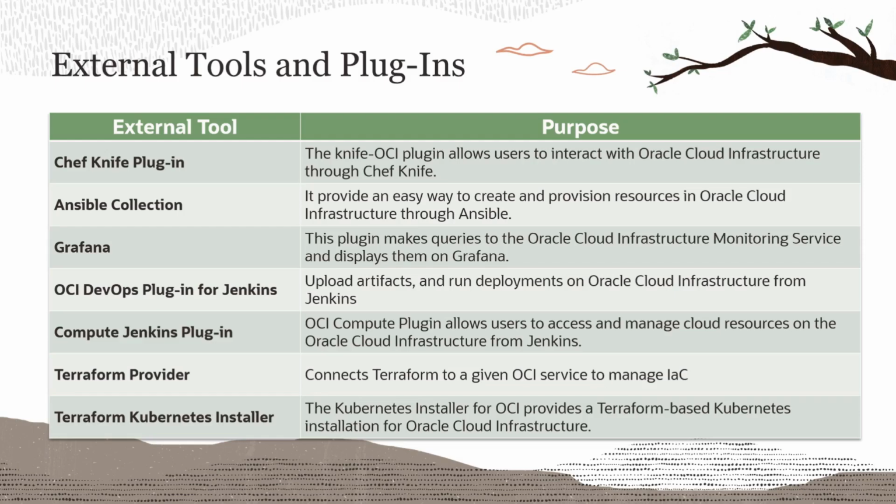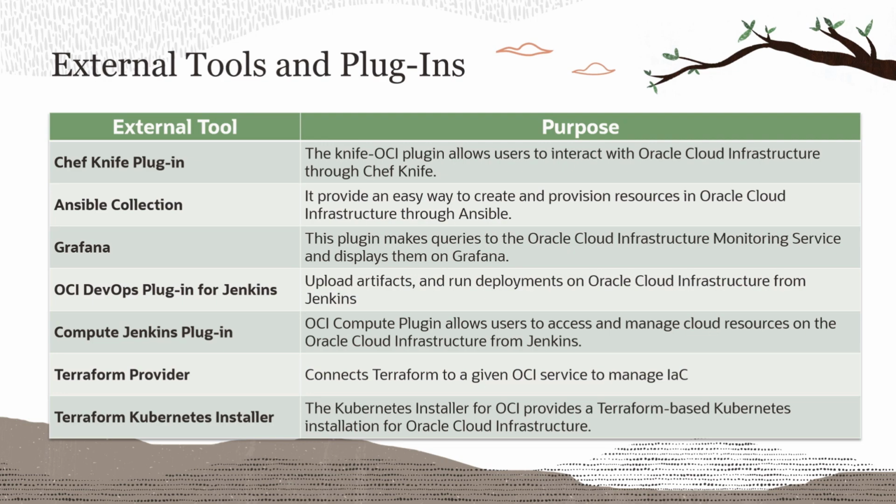The Grafana plugin makes queries to the OCI monitoring services and displays them on the Grafana dashboard. We also have support for the external Jenkins tool, such as the OCI DevOps plugin. This plugin lets you upload artifacts and run deployments on OCI through the Jenkins tools.